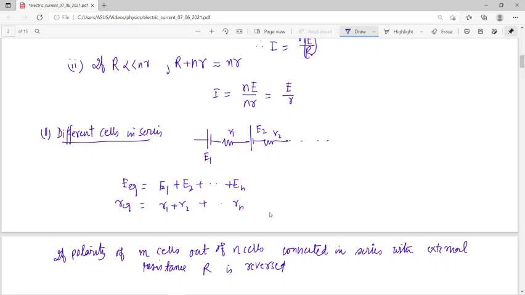Say one cell is connected like that, another cell is connected like that, and it goes on like that.